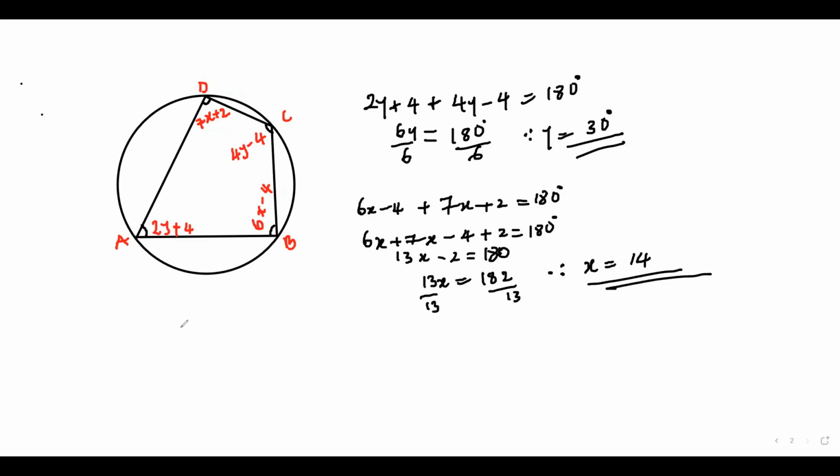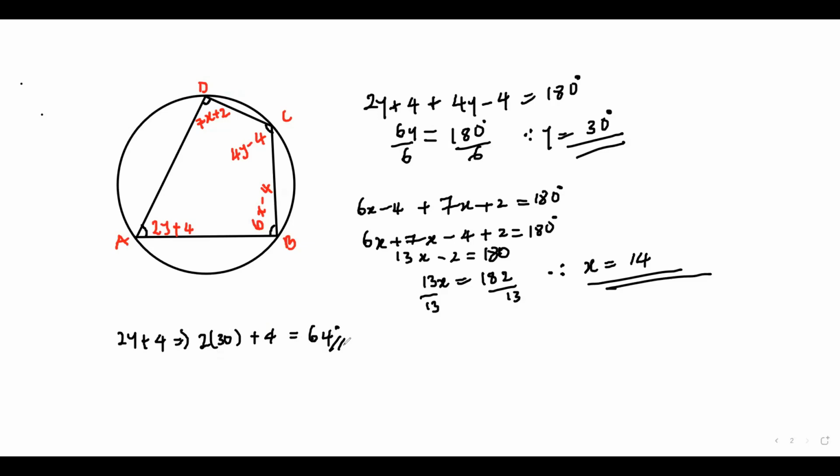So it then means that the value of a, which is equal to 2y plus 4, implies we have 2 times y, mind you, y is 30, plus 4. 30 times 2 gives us 60. 60 plus 4 gives us 64 degrees. So that is the angle there.